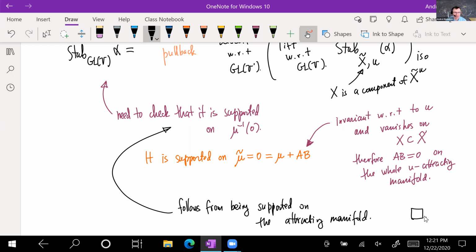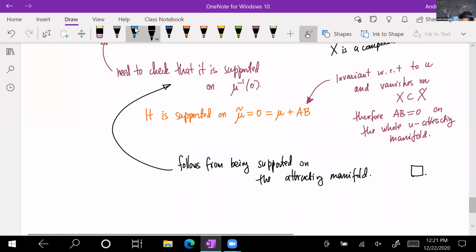Well, anyway, there's a reference for this argument.